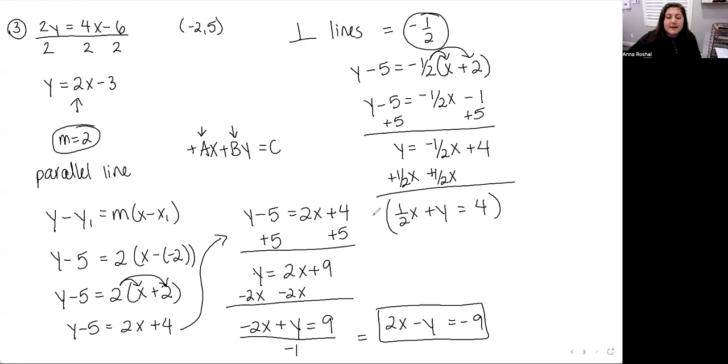But then I'm going to multiply the entire equation by 2 to get this into a whole number, okay? So I'm going to distribute 2 to every single term, and I'm going to end up with x plus 2y equals 8. And that's where I'm going to be able to get my perpendicular line to my original line and passing through this particular point.